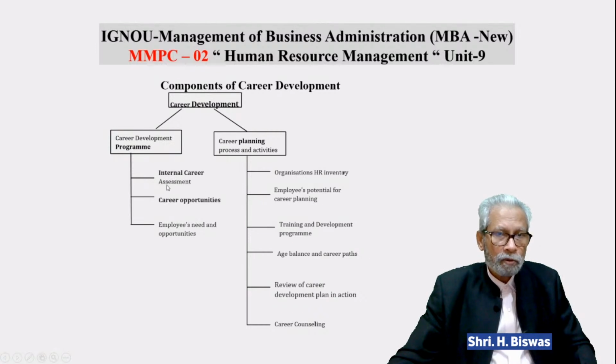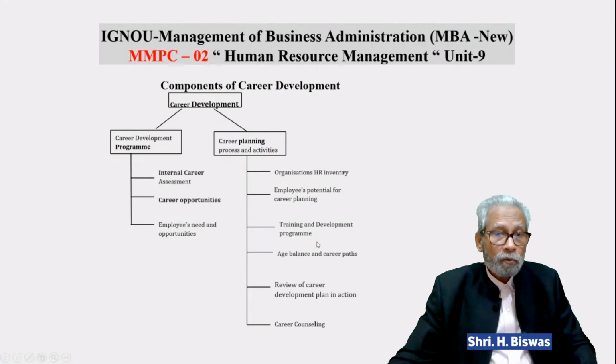Now this program has to be processed. Then the organization's HR inventory, because this is one of the activity areas and processes you have to see. Then the employees' potential. You can get it from your appraisal systems. From the appraisal system you can get his potential.